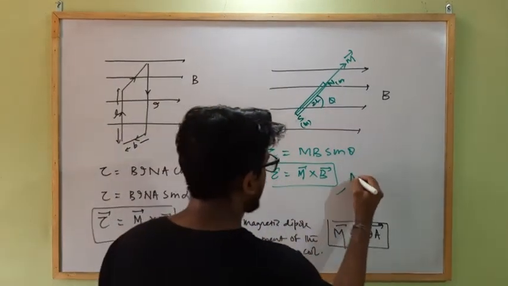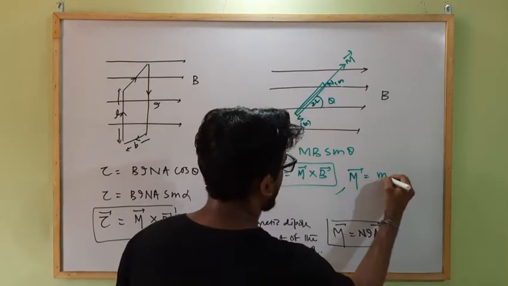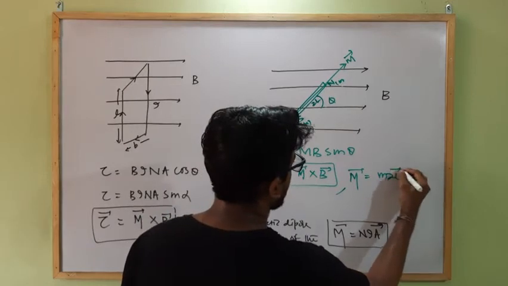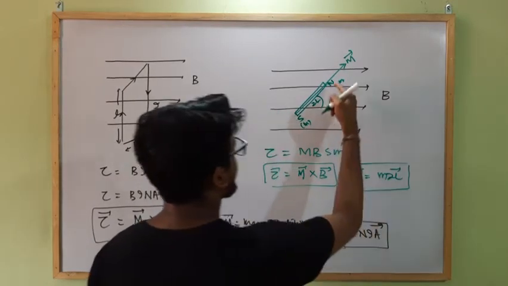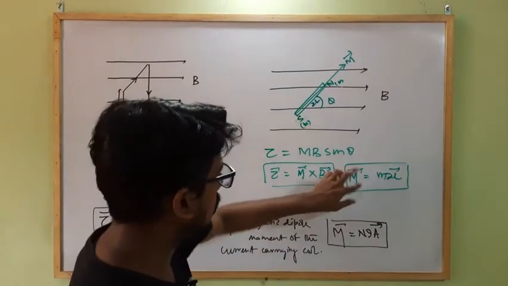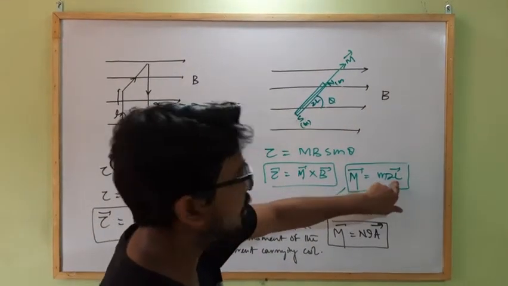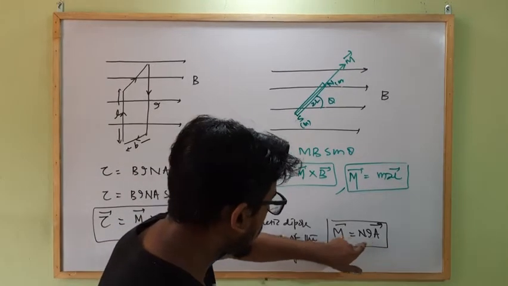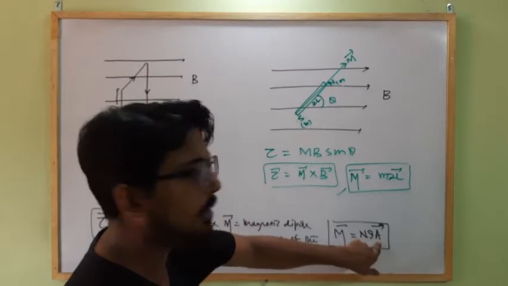Here the magnetic dipole moment will be how much? M, the pole strength of either pole, into the separation between both the poles or length of the bar magnet. Clear? Here the dipole moment is M into length of the bar magnet. Here the magnetic dipole moment is N, number of turns, into current flowing through the coil into area vector.